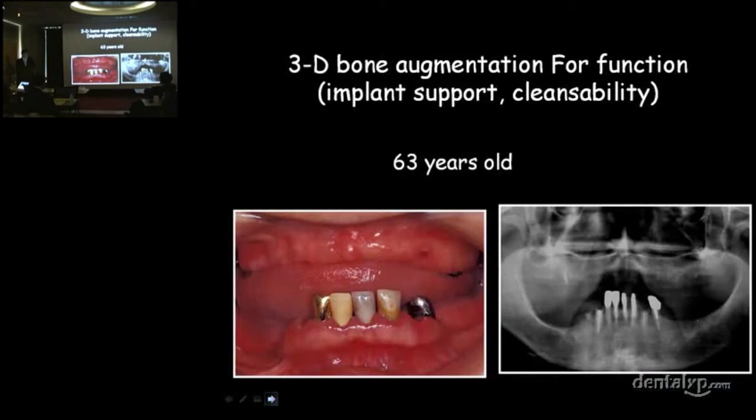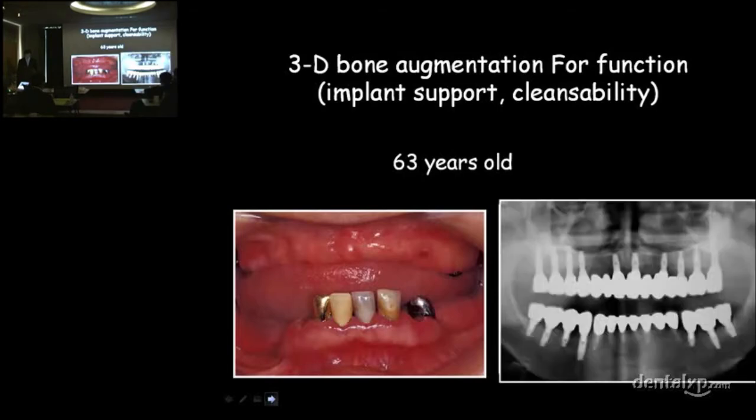For example, this is a 63-year-old woman. She wanted a fixed prosthesis, but as you can see, there isn't enough bone to support implants properly. In this case, sinus and vertical ridge augmentation was performed.